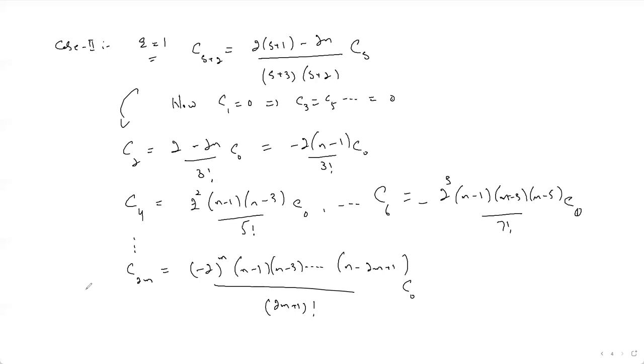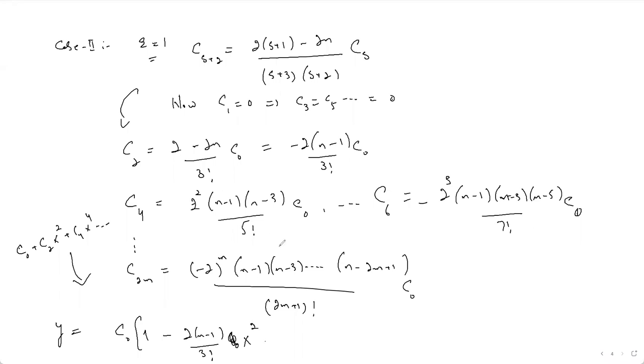Therefore, what will the solution be? So the solution y for this particular case will be equal to, c1 is 0, so we will simply write the solution as c0 plus c2 x square plus c4 x4 plus so on. Here c0 we have taken out, so it will be 1, c2 is this, so it is minus 2 into n minus 1 divided by 3 factorial, then we have the c0, x square.